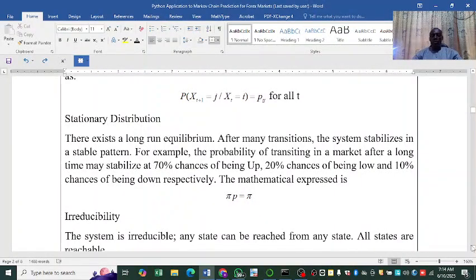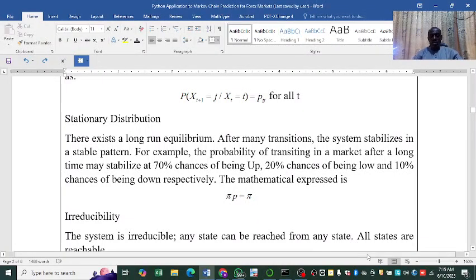For example, if we have three states like up, low, and stable, there could be the chances that the system will stabilize in the upper state at 70% chances or probability, then 20% chances of stabilizing at the lower state, then 10% chances of stabilizing at the stable state.